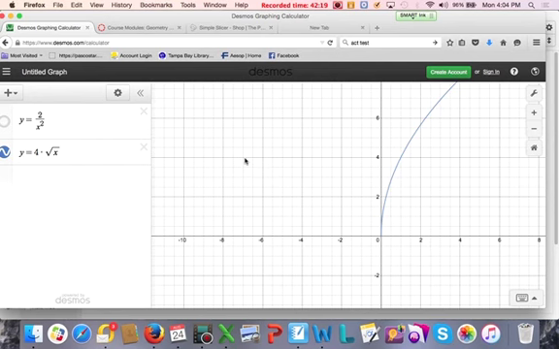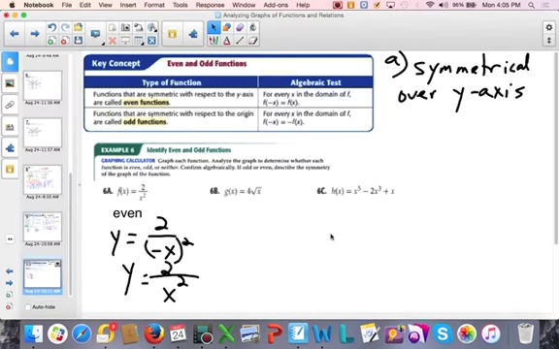When we graph y equals 4 times the square root of x, you would notice that there's no symmetry over the y-axis, and there's nothing at all going on in that third quadrant, which is where something should be happening if this was symmetrical over the origin. This is neither as far as even or odd.